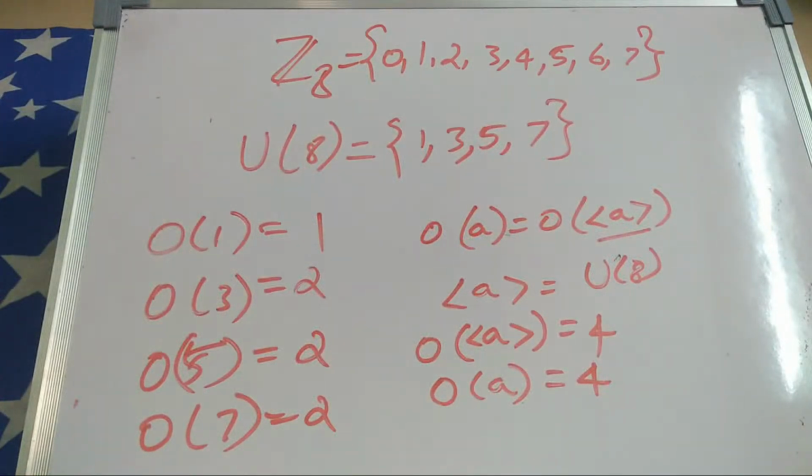I'm not sure. Maybe I need to confirm it later. If P and Q are distinct primes, if n is equal to PQ, then U of n will be cyclic. So I cannot confirm it now. Maybe I will check it and clarify it with you later.